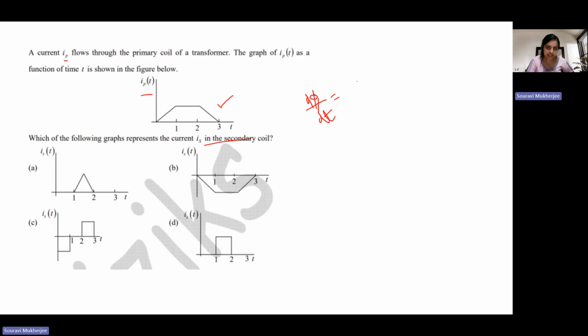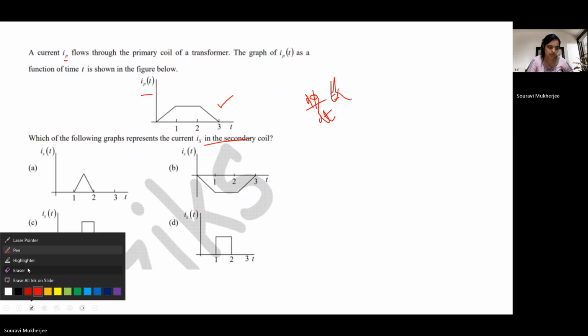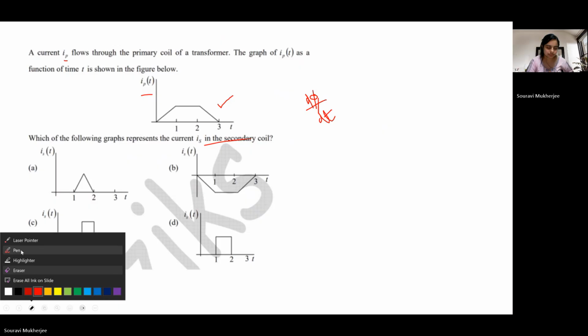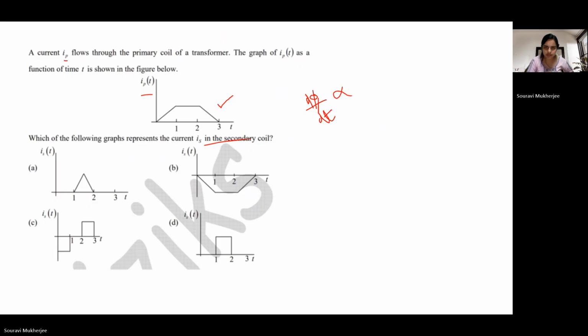So in a way, d phi dt is related to something into minus of di dt. So at least you can write it as proportional to d i primary by dt.